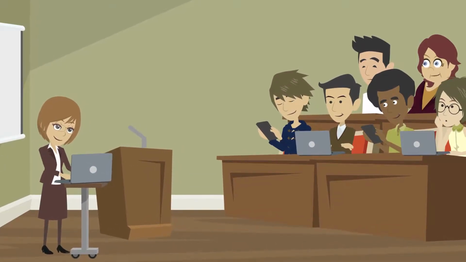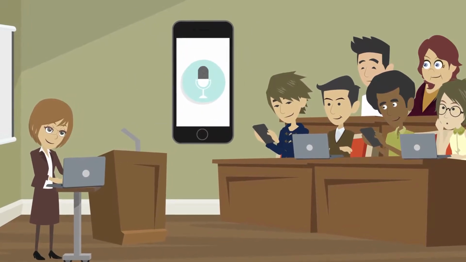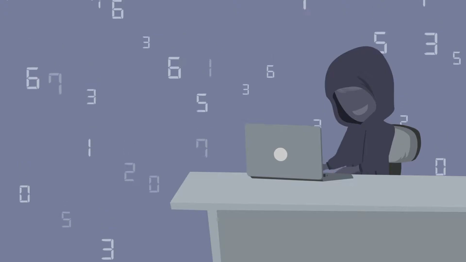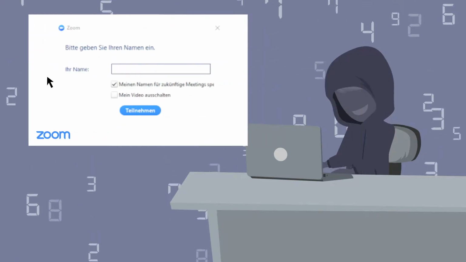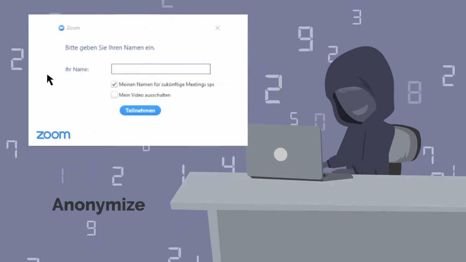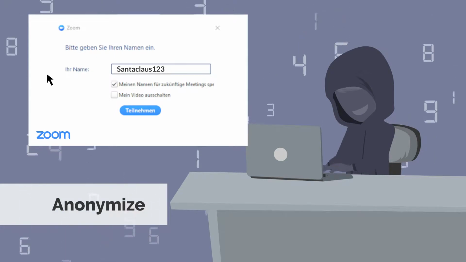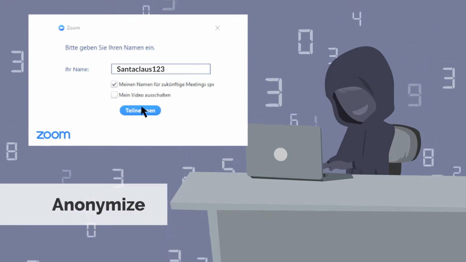They can share their contributions for everyone in the Zoom meeting like this. A small thing which could nonetheless be important: students can change their name in Zoom and thereby anonymize themselves using, for example, a name like Santa Claus 123. This way, students might be more motivated to participate and speak to the whole group.